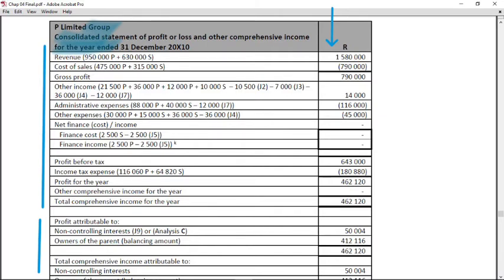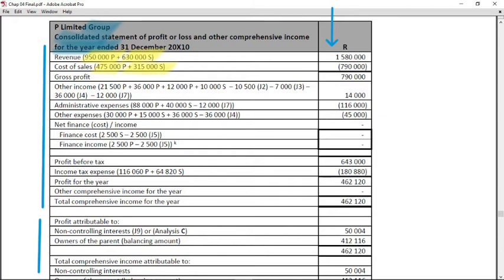So you start line by line. First two lines is revenue and cost of sales. We add 100% of P to 100% of S. The amounts come from the trial balances. There were no consolidation journal entries in this example changing these line items. Now for other income, administrative expenses and other expenses, you group the trial balance amounts according to these functions.